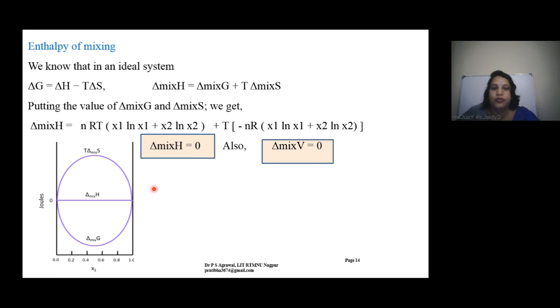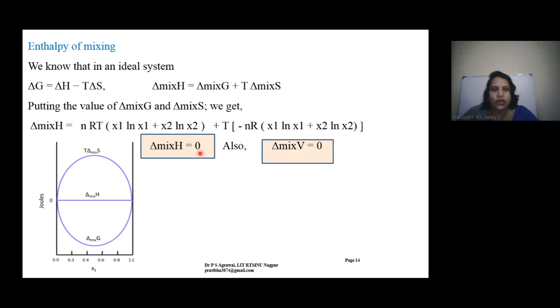Now the enthalpy of mixing. We have just found the entropy of mixing and the Gibbs free energy of mixing. We can put the values here and find delta H. When we put the values here, we come to the conclusion that delta H of mixing is 0. It is 0.